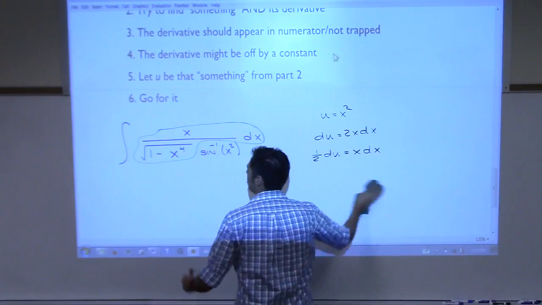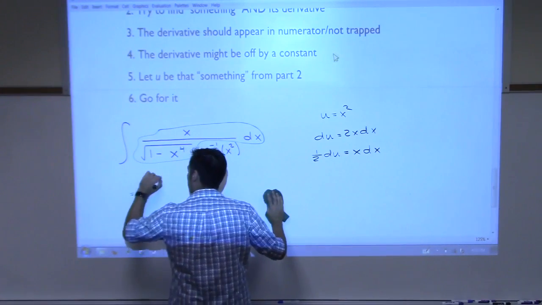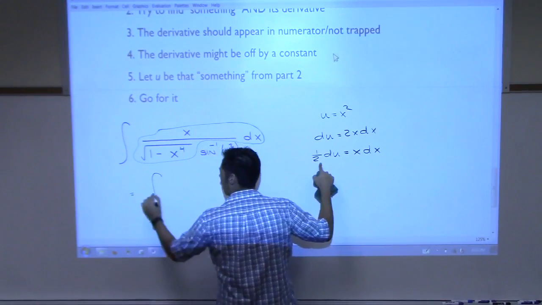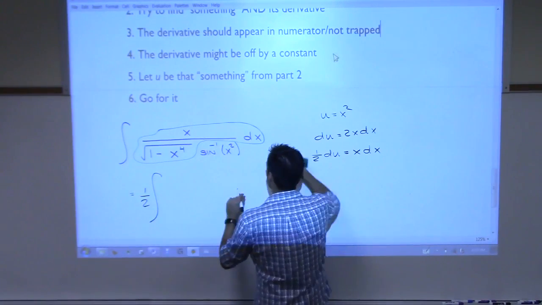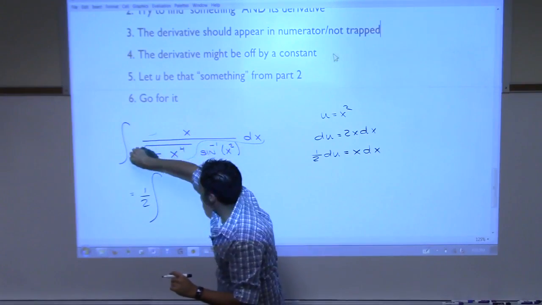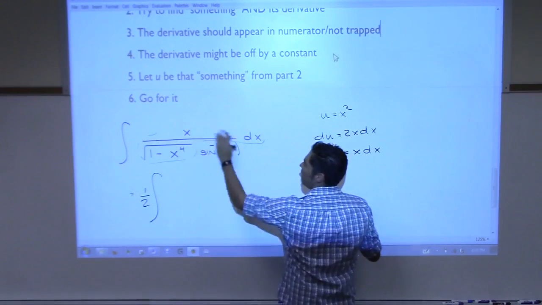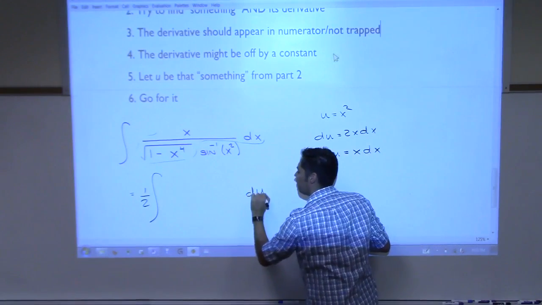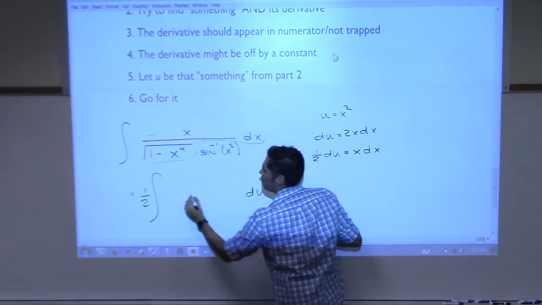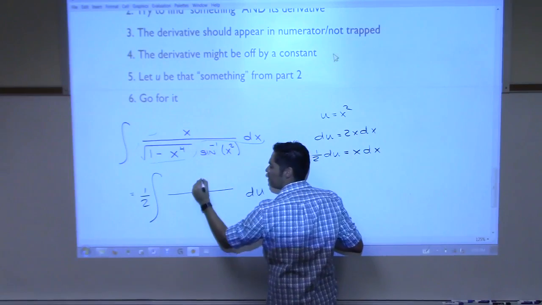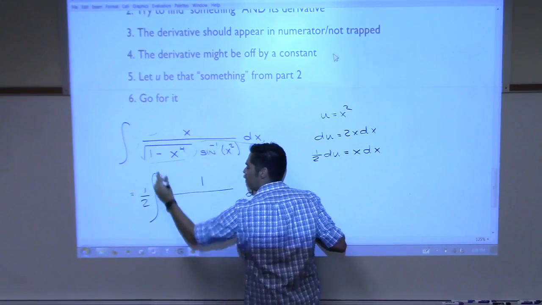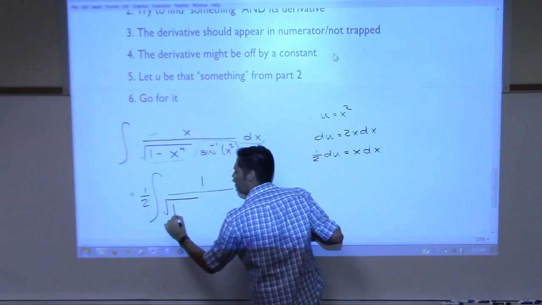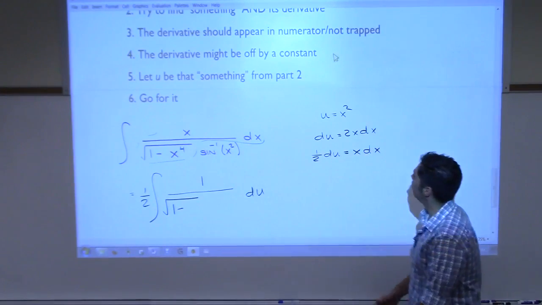Oh, so you're just going to do it in 2 steps? I'm going to do it in 2 steps. So this is going to be integral, 1/2 is going to come out. I'm replacing the x dx right here with 1/2 du, so there's the 1/2, here's the du. And then, since that x is gone, I'm just going to put a 1 up there. This is going to become square root of 1 minus, now what's x to the 4th?